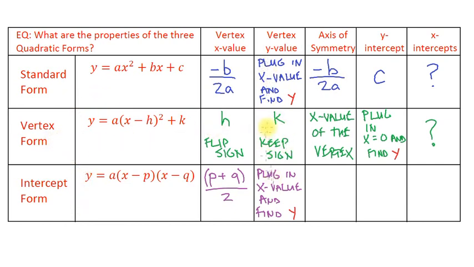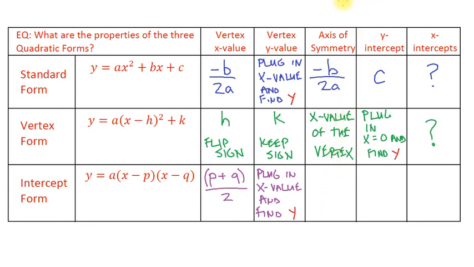Actually, you could have done the same thing for vertex form. If you plugged in the x value of the vertex, which is h, you would actually get the y value of the vertex. So it would have worked out either way. If you take the h value and plug it in right here for x, you'll actually get the y value of the vertex. So think about that, class. If you know the x value of something on a graph, you plug that into the equation, out comes the y value. You can always find the y value if you know the x value.